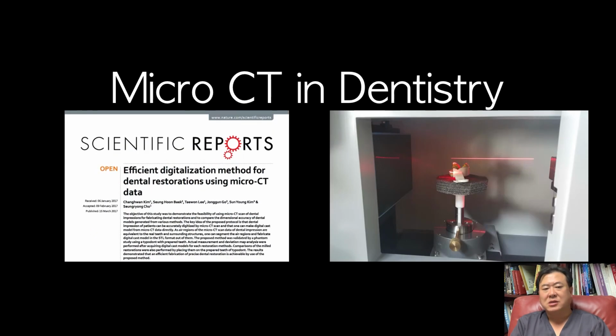Micro CT as a dental restorative device was first recognized by Dr. Sang-Chul Lee, the CEO of a Ray Corporation in Korea, and he is a very close friend of mine. In 2017, Dr. Baek Seung-hoon and Seoul National University published an article about micro CT as a potential dental object scanner, and they published in Nature Journal.